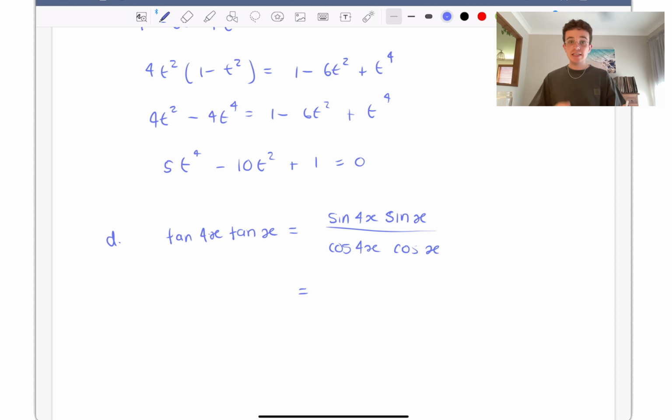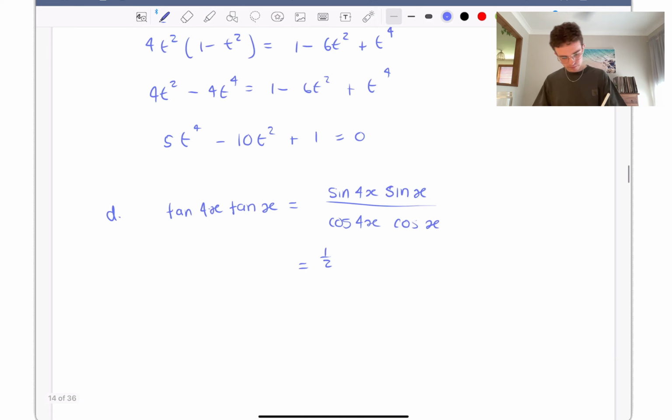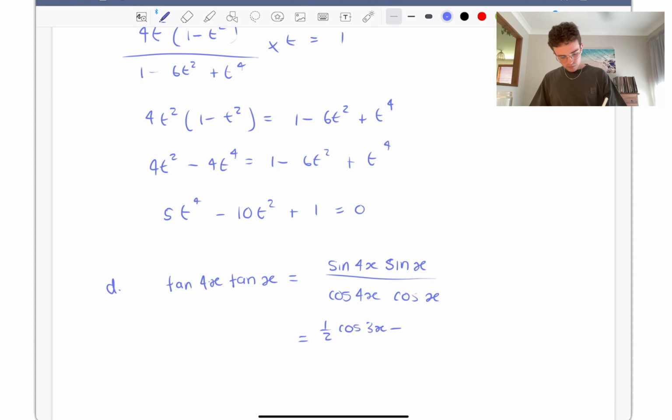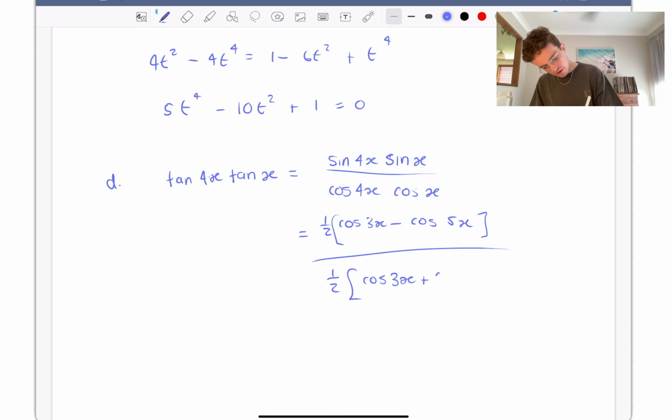Now, using the identity that we've derived in part C, that will tell us that this is equal to a half of cos of 3x minus cos of 5x, over a half of cos of 3x plus cos of 5x.